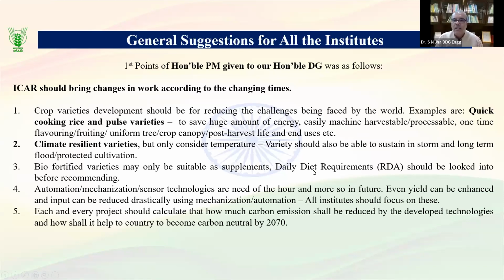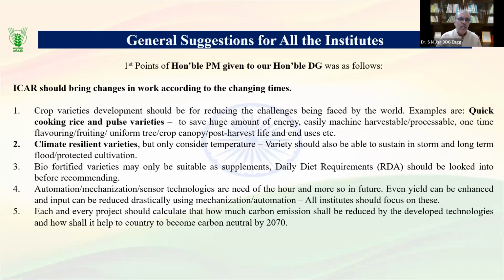Yes, sir, final. Easily machine-harvestable, processable varieties, one-time flowering and fruiting, suitable for commercial mechanization, then crop canopy management, post-harvest life, and end use should be seen. And then climate resilient agriculture technology should address floods and storms.